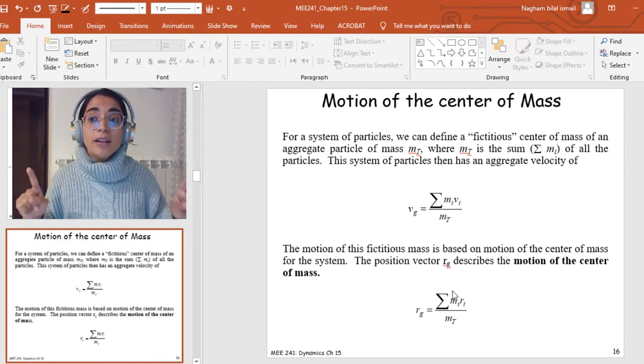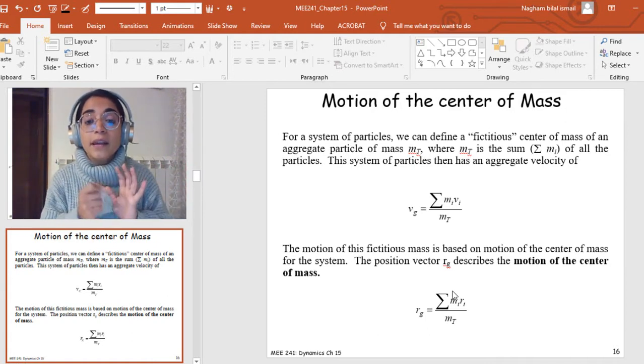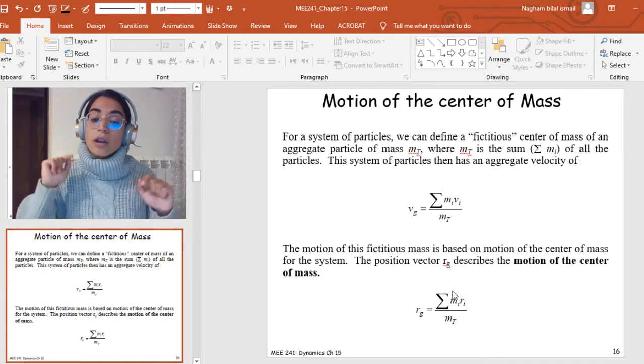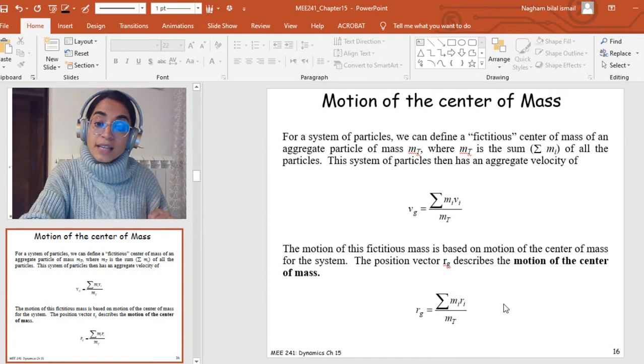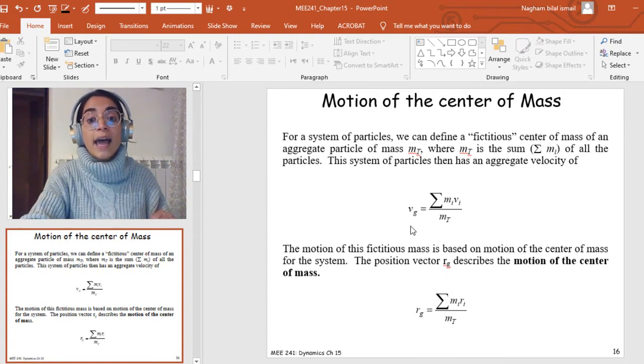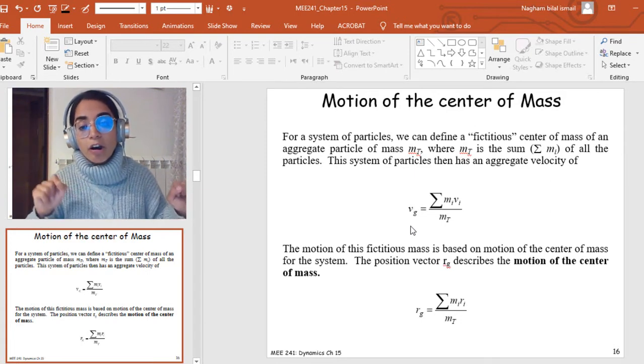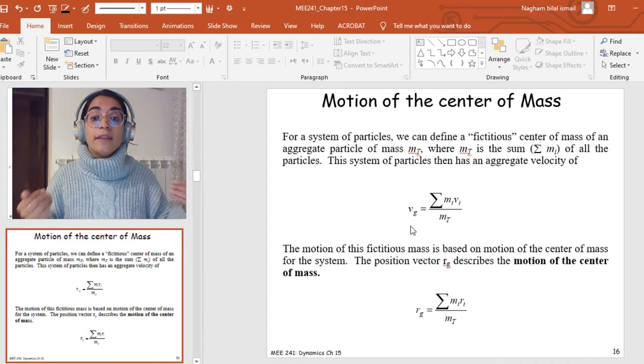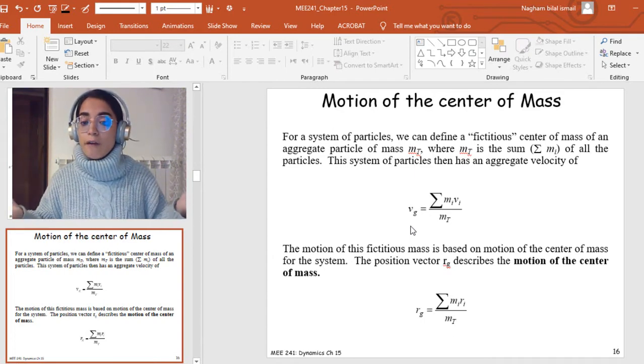But here, I am only concerned by the velocity, because in fact the relation between linear impulse and momentum includes only what? The forces, the velocities, and the time, right? So if I do the first derivative of this center of mass position, I can have the velocity of the center of mass as the sum of mi vi over the total mass, and this is called the fictitious center of mass, all right?